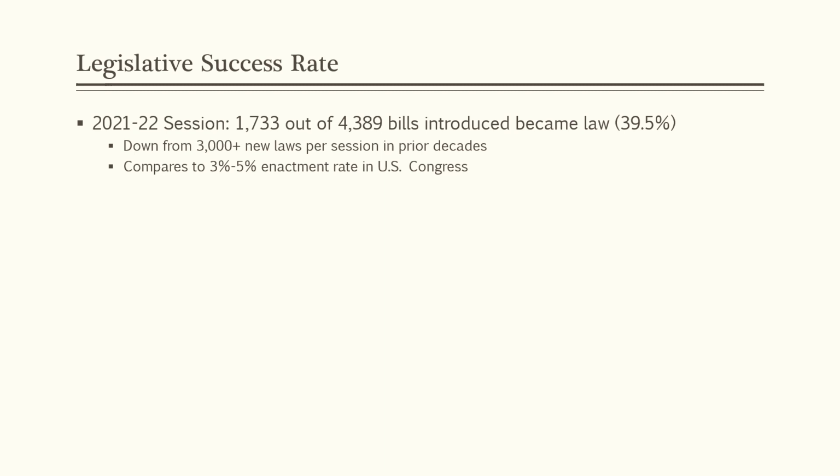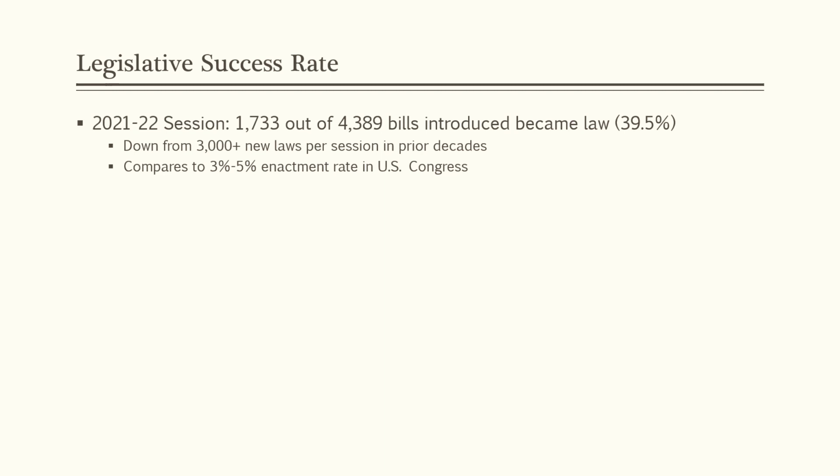So how many bills make it through this arduous process of being enacted into law? The most recent numbers that I have access to are for the 2021/22 session, in which 1,733 out of 4,389 bills that were introduced ultimately became law, or about a 40% success rate.